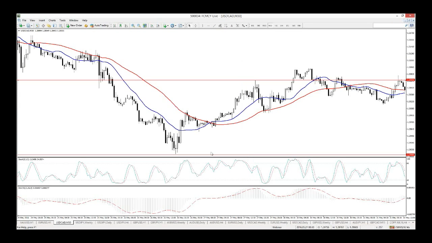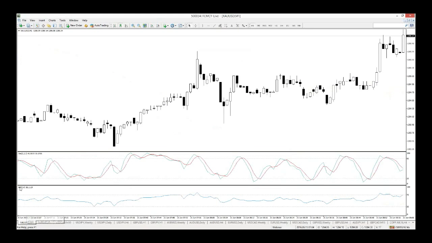Let's look at the chart and try to find one. So here we have a black Marubozu candlestick. There is a slight thin line above the black candlestick, but we can ignore that because there is always volatility in the market.